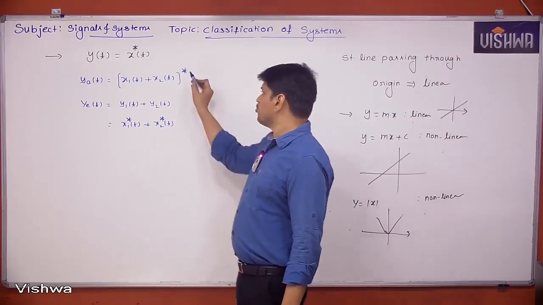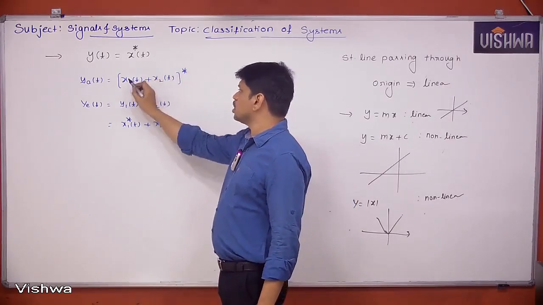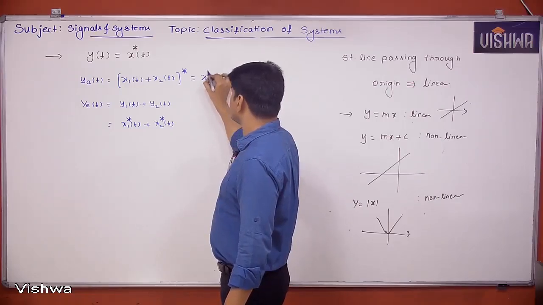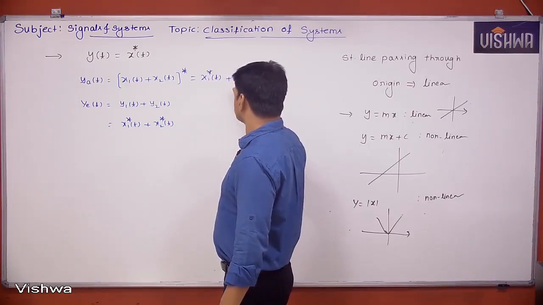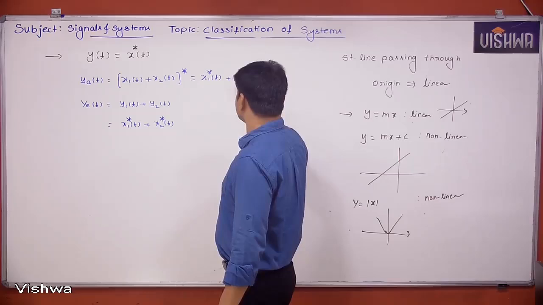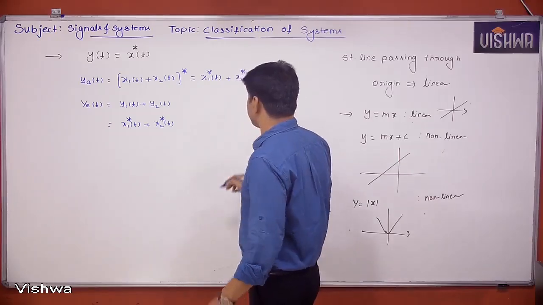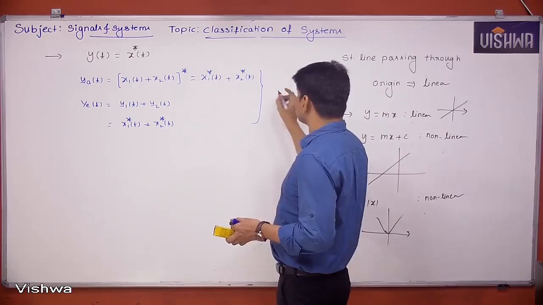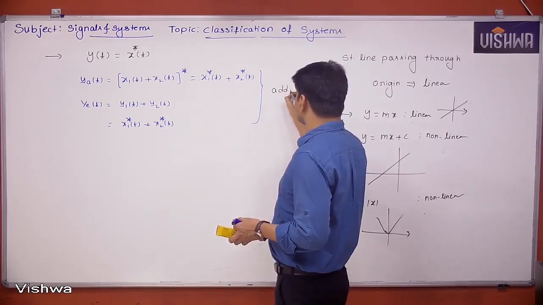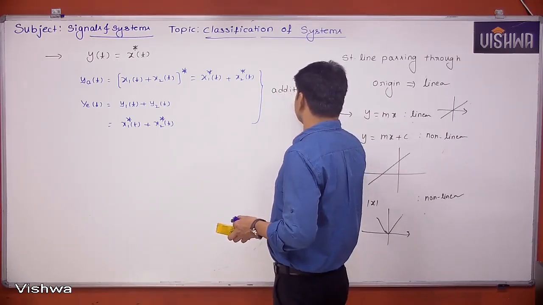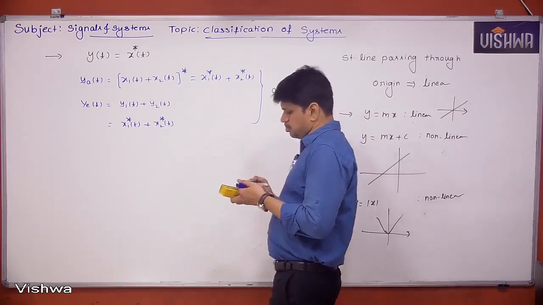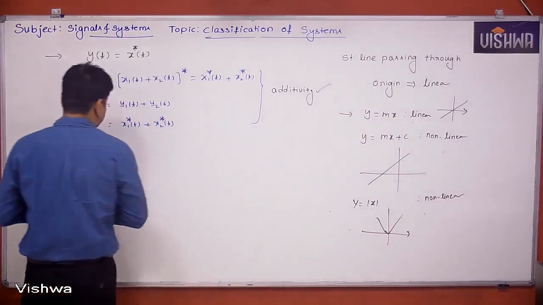Why? If you bring this conjugate inside, this is going to be x1 of t conjugate plus x2 of t conjugate. Both are the same, so I can say it is satisfying the additivity principle. But we still have to check the homogeneity.